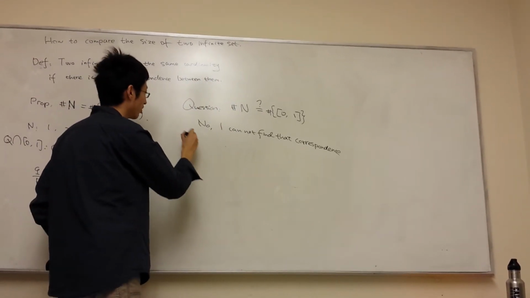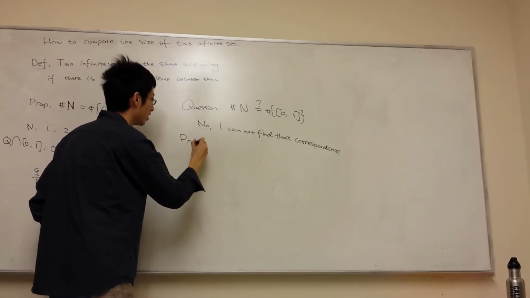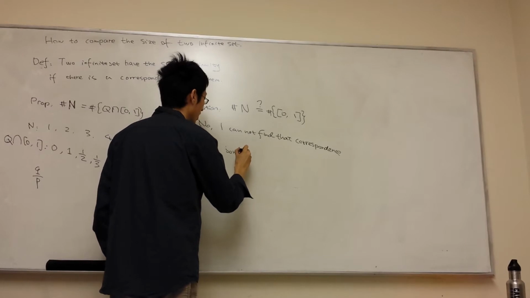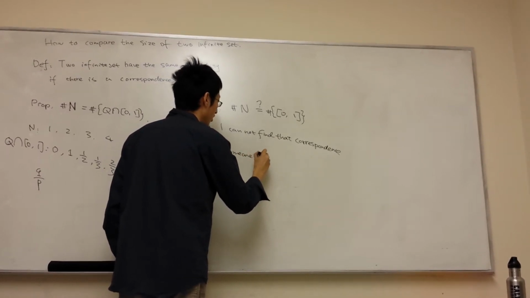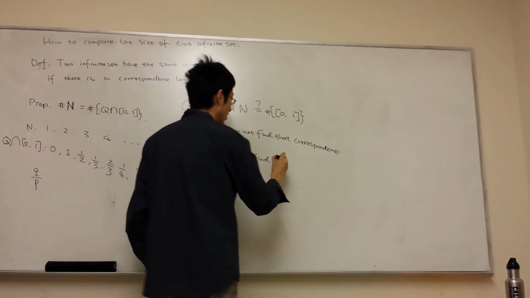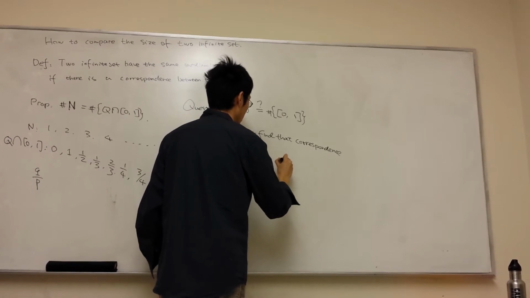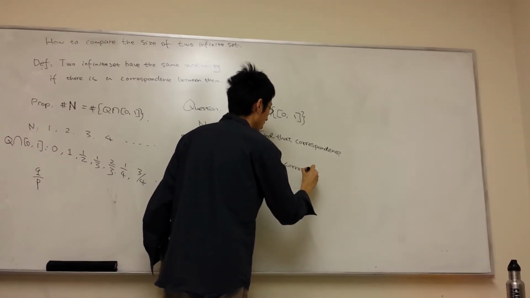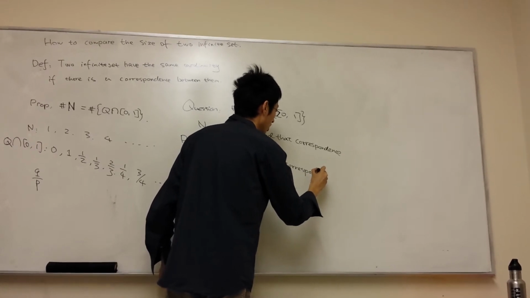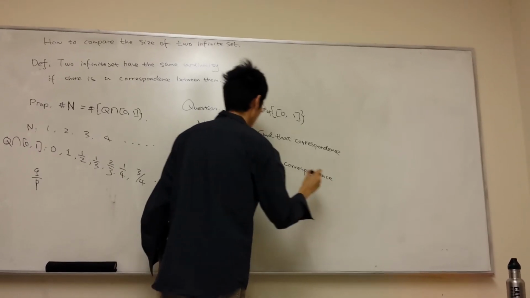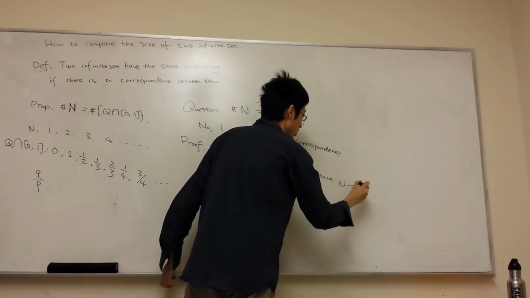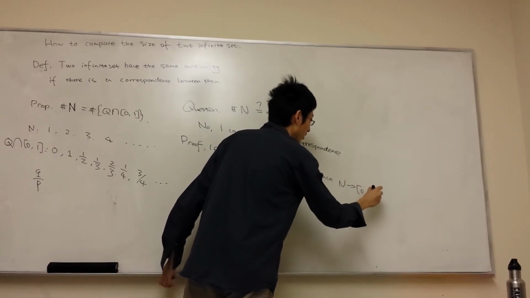So suppose someone finds a correspondence from N to [0, 1].